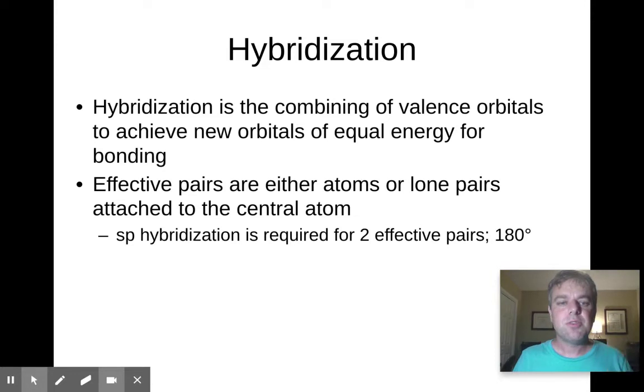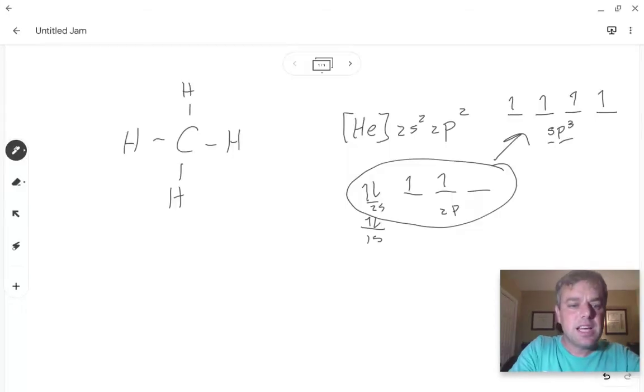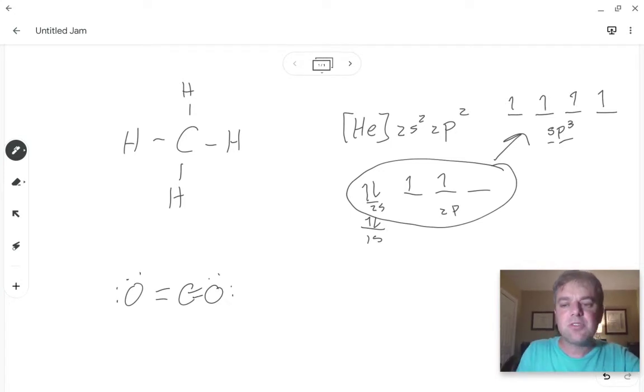So if you have two effective pairs, that's called sp hybridization, and the bond angle is 180 degrees, as in the CO2 molecule, where it's got two atoms attached. We don't count the double bond as part of that because in a minute we're going to talk about how double bonding works and why it's different from single bonds.